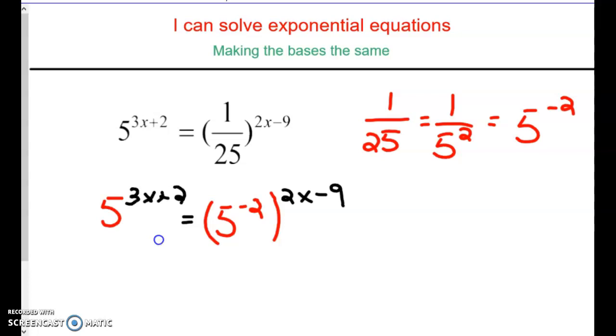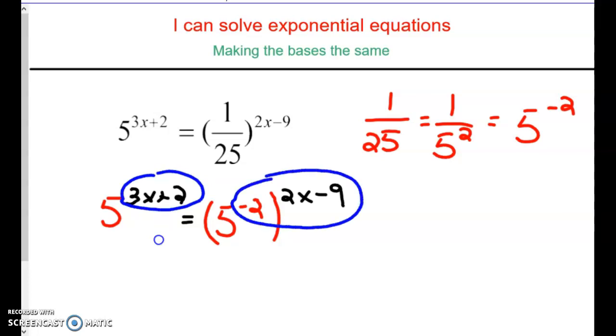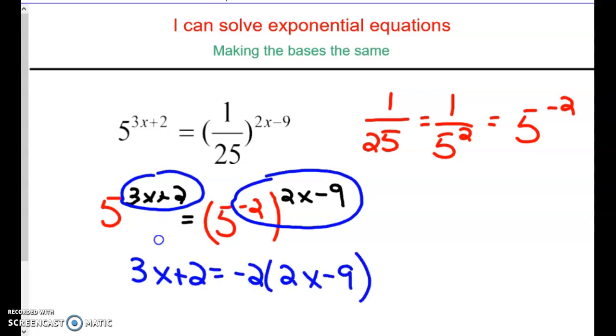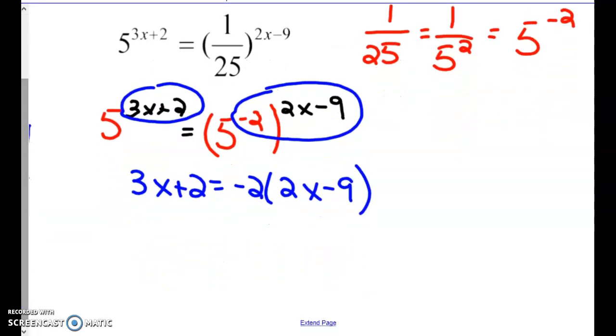Okay, well we have a common base, so now we will set the exponents equal to each other. This is equal to this. We'll distribute the negative 2.